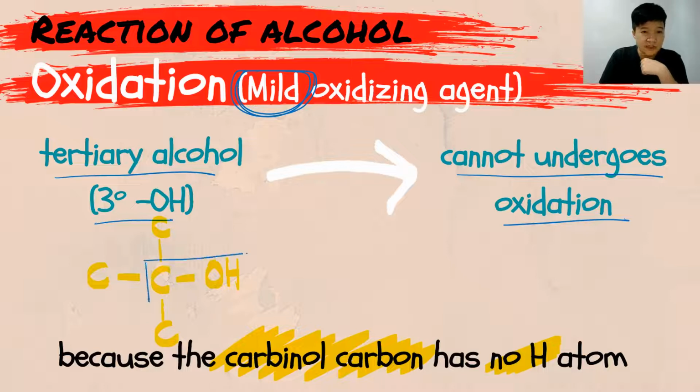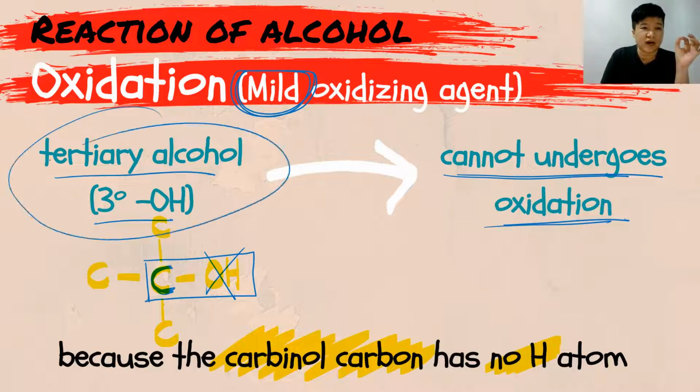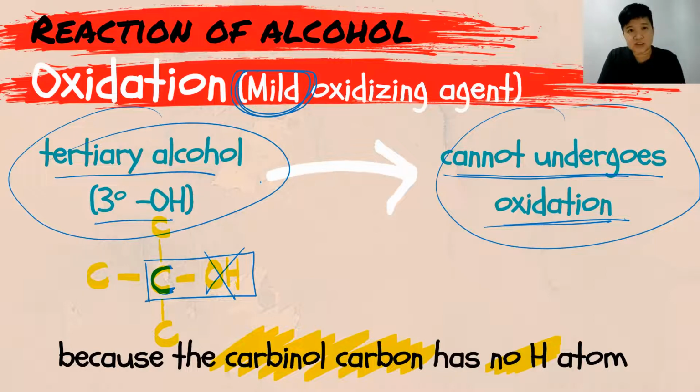So this carbon that's holding the OH has no hydrogen attached. I can remove the OH, but I have no hydrogen to remove. So can I form a double bond O? No, you cannot. That's why you cannot undergo oxidation. So bear that in mind, your tertiary alcohol cannot undergo oxidation no matter what agent you are using. Strong oxidizing agent or mild oxidizing agent will still not be able to oxidize your tertiary alcohol.